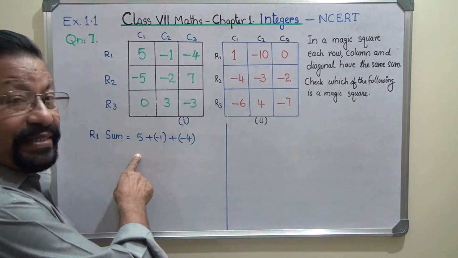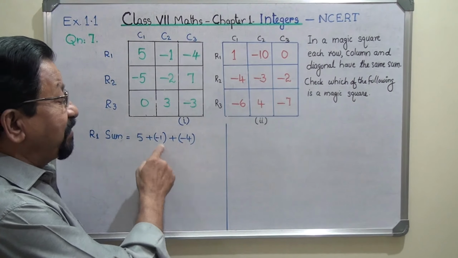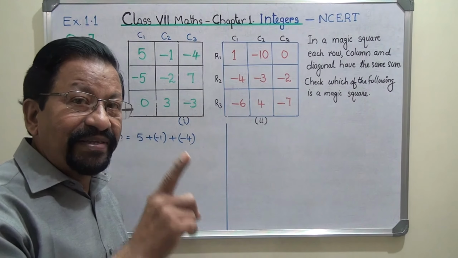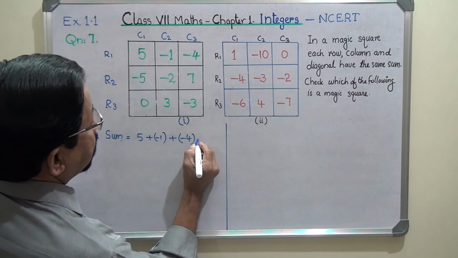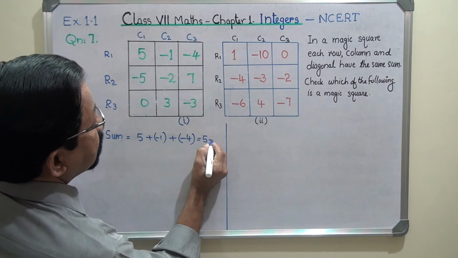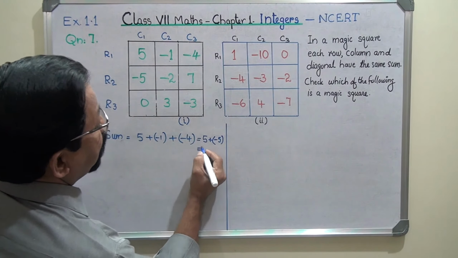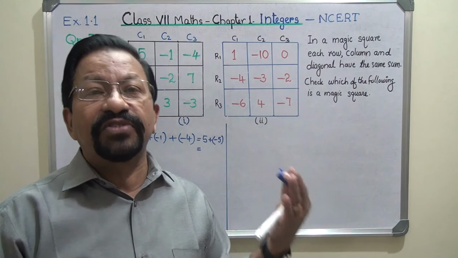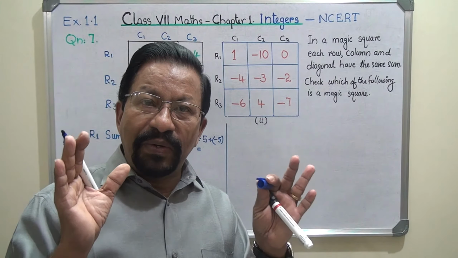Here one integer is plus 5, and there are two negative integers, minus 1 and minus 4. The sum of two negative integers is a negative integer. So this is 5 plus minus 5, where one is plus 5 and another is minus 5. What is the difference of plus 5 and minus 5? 0. There is no sign for 0; it is neither positive nor negative.